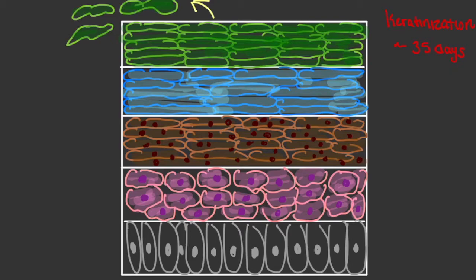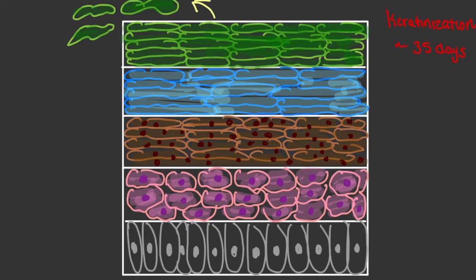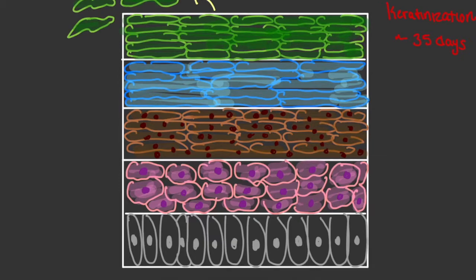Now, to begin, the process of keratinization, or the process of new skin development, begins at the basement layer. In other words, it begins at the stratum basale. Now, here at the stratum basale, we have a protein that becomes activated to kickstart this process. And we call this protein EGF.